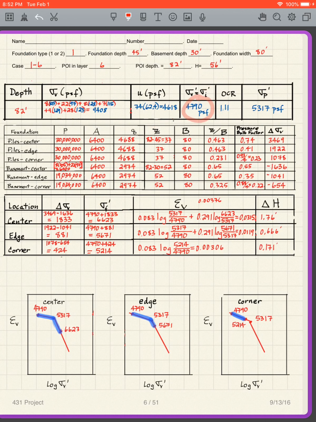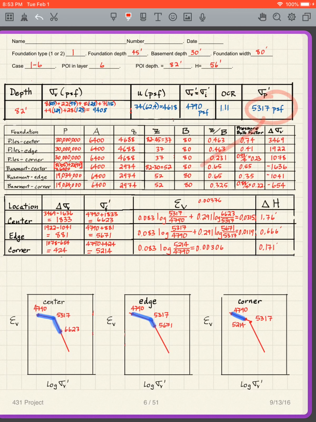And I have my sigma prime I plus that, gives me that value for my sigma prime F. And then that plus that gives me that. So I have my sigma prime I, I've got my sigma prime P, I've got my sigma prime F. I can take all of these, so this goes, that's the first there on my figure.